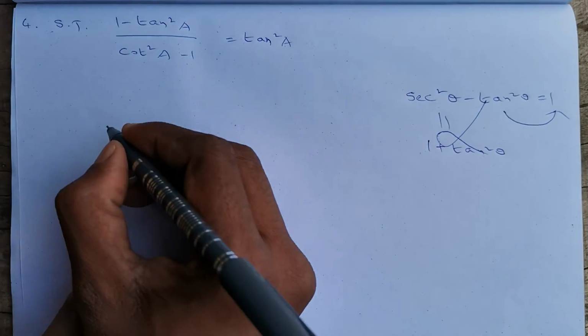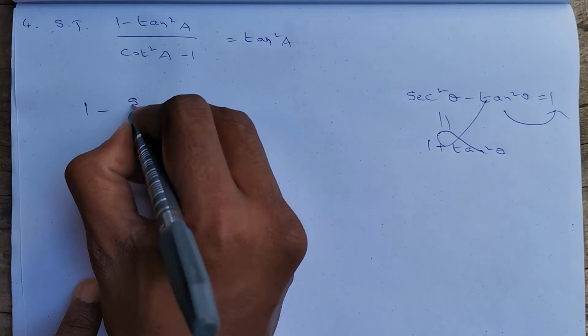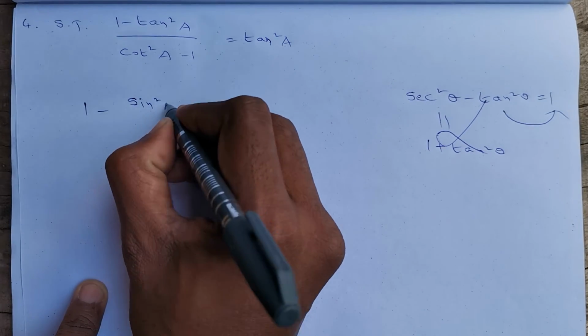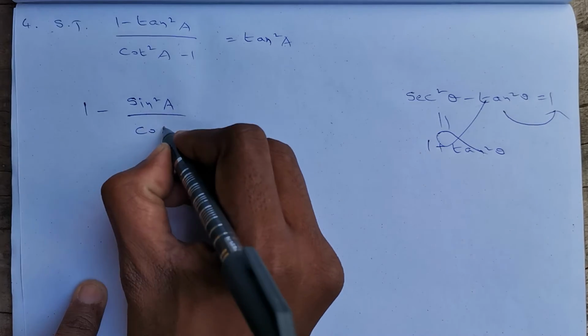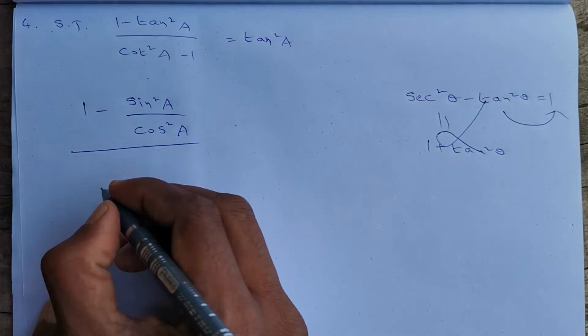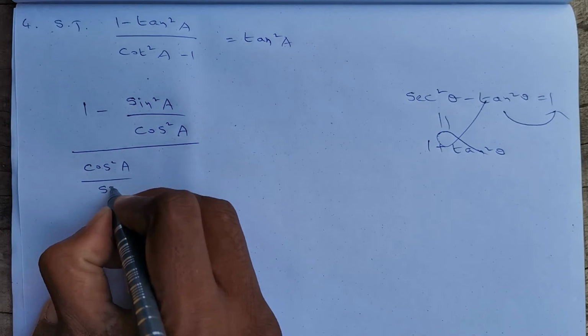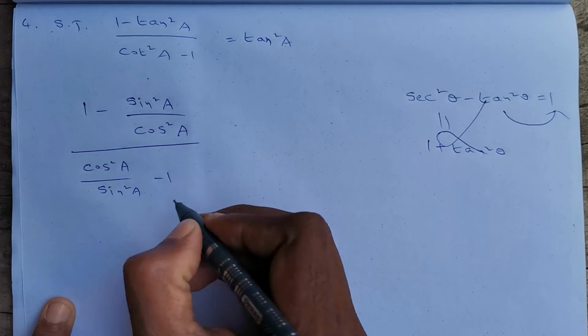So then we will go with 1 minus tan square A, which can be written as sin square A by cos square A, whole divided by cot square A, which can be written as cos square A by sin square A minus 1.